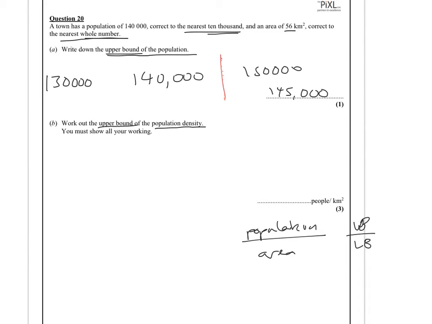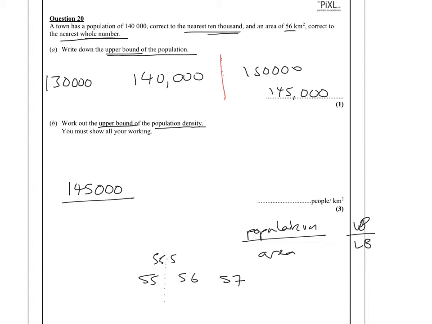We've already worked out the upper bound of the population, that's 145,000. And then for the area, we're told that the area of 56 kilometres is correct to the nearest whole number. So we've got 56 and the whole numbers next to it are 55 and 57. And because we're looking for the lower bound, we're looking for the lowest number that would round up to 56, and that is 55.5.